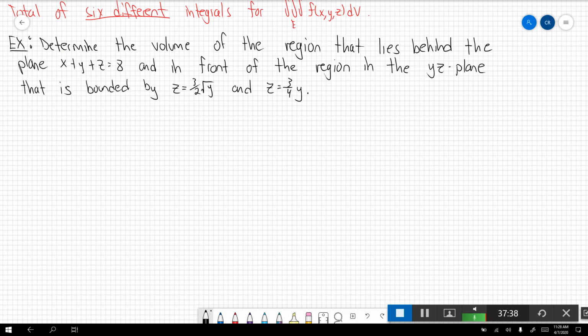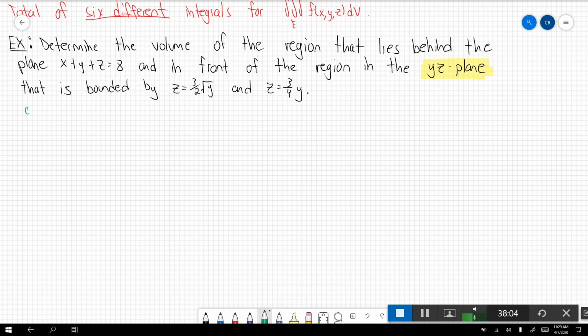All right, now a quick hint to this is this part right here. We want this to be in front of the yz plane, which should be a natural instinct for us to say, well, maybe the domain that we want is going to be that domain that is yz.